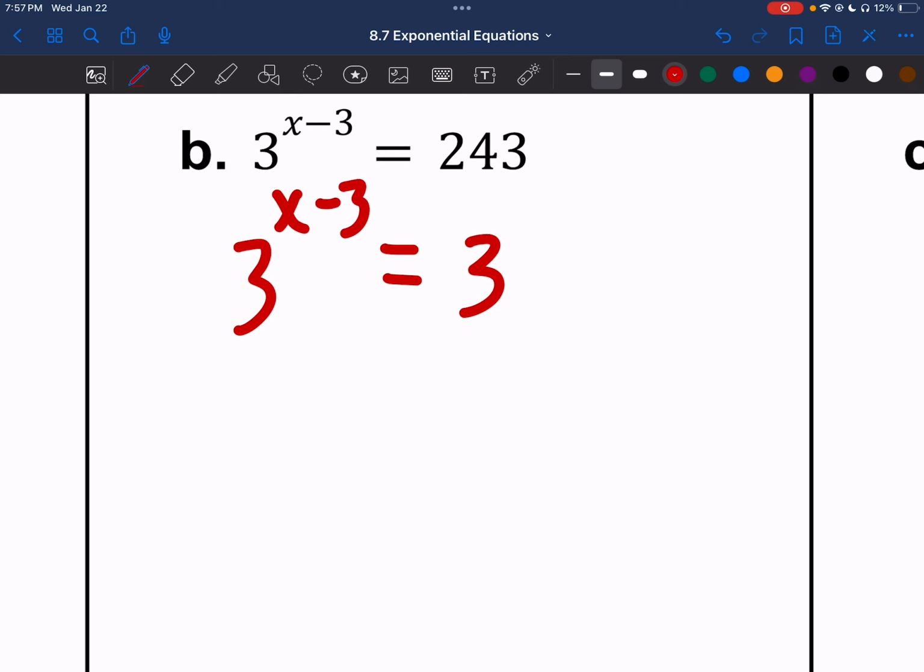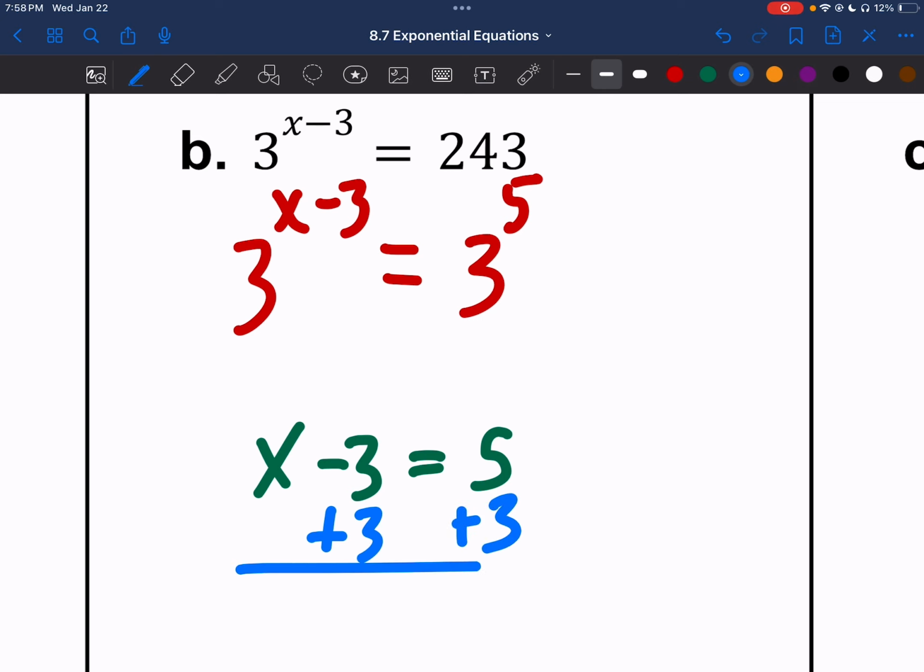We saw 243 in letter C in example 1 to know that that is 3 to the 5th power. And now we just rewrite our exponents as x minus 3 equals 5, right? Our exponents must be equal to each other. And all we have to do, one-step problem, add 3 to both sides, x is equal to 8.